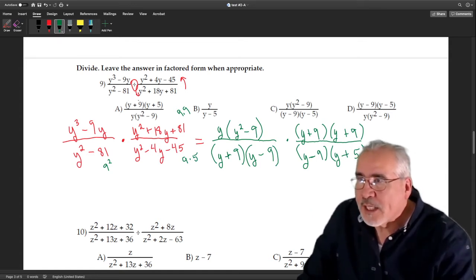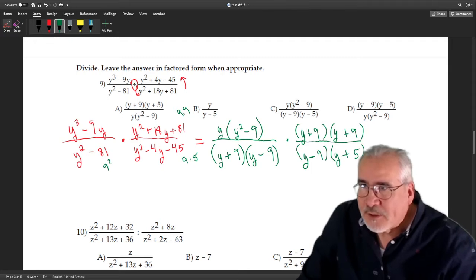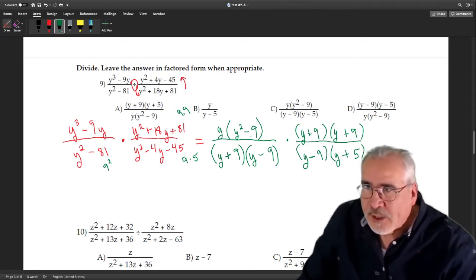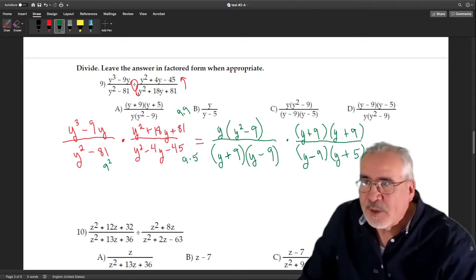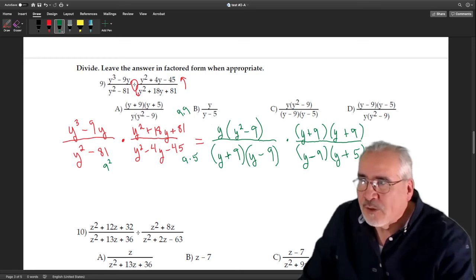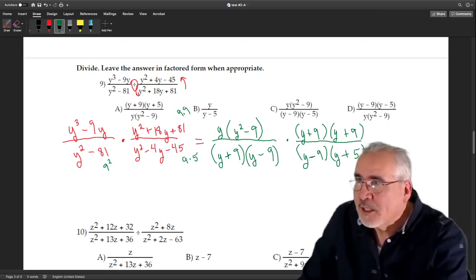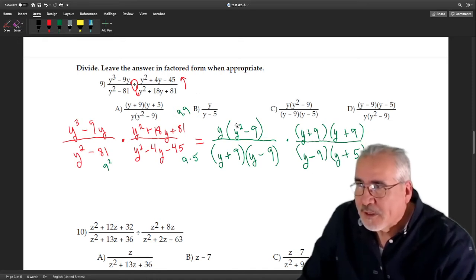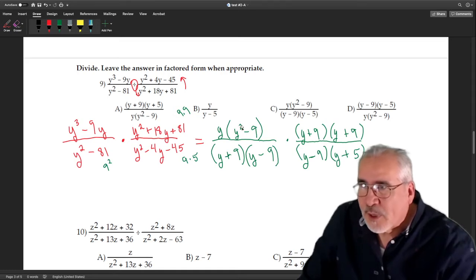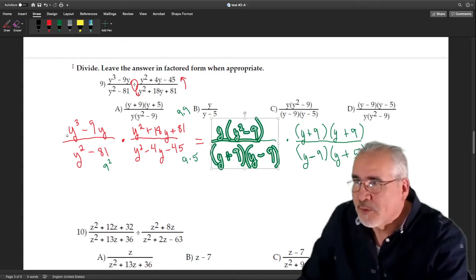We're not quite done, but to save ourselves a little bit, this y squared minus 9, instead of having to rewrite everything, let's use the magic of technology, something called an eraser. Now it's magically y squared. We're going to change this to y plus 3, y minus 3. Okay, now, oops.